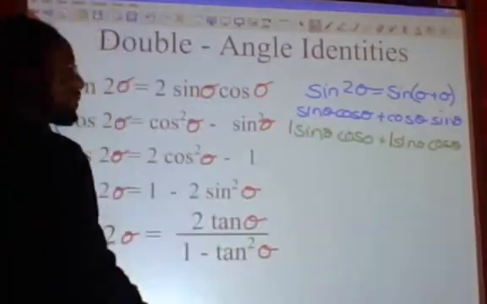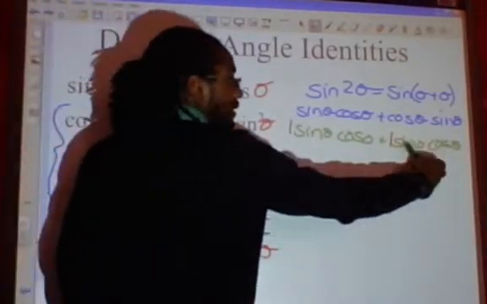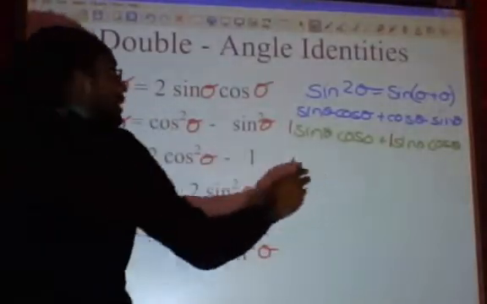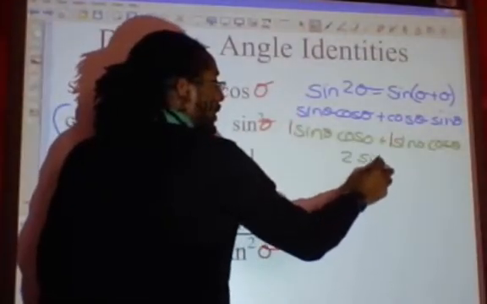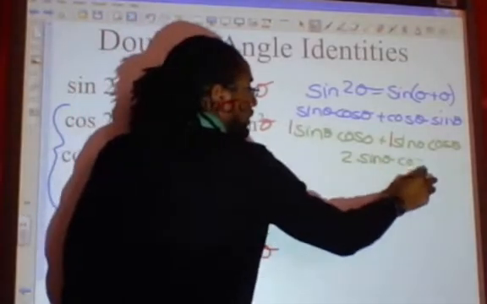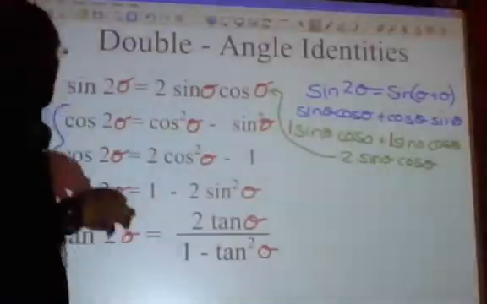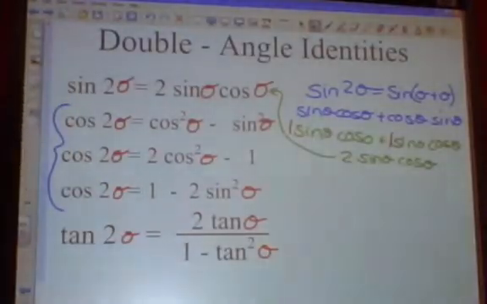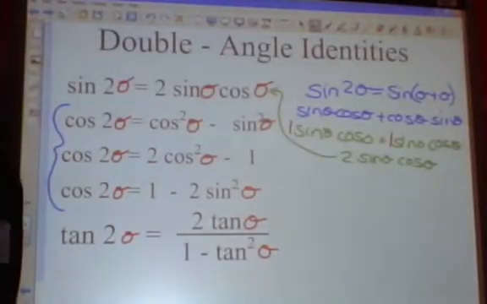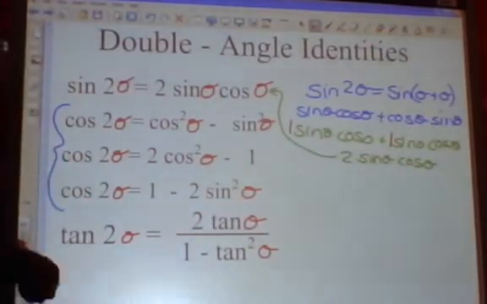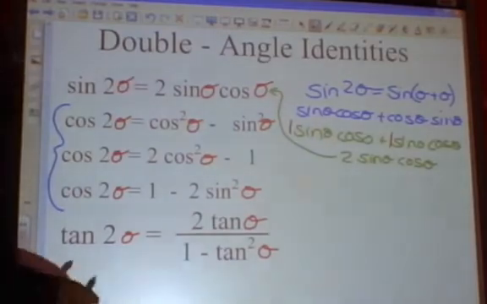So if we have the same thing for sine theta cosine theta on both of those, we can just combine the two and actually get 2 sine theta cosine theta, which is what we originally said right here. So there we go. It actually wasn't just something we came up with off the top of our heads. It was derived from an identity we'd used before.